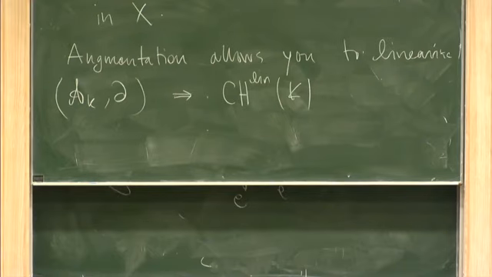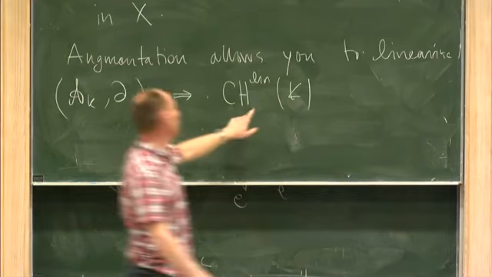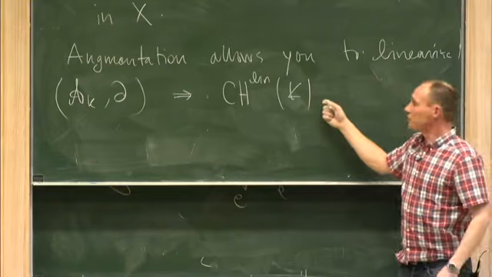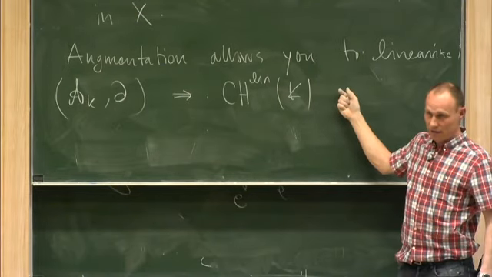We know that for small q, we can calculate this linearized homology for a generic point in the curve from just the calculation in T star S3.